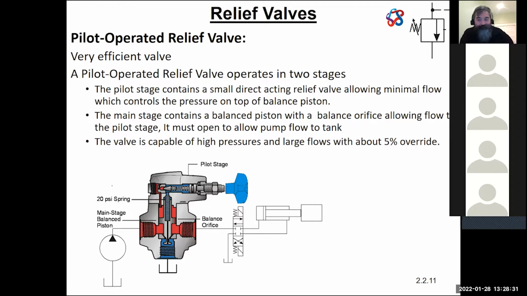Sorry, I'll start again. Pilot operated pressure relief valve. Now, when we have a pilot operated valve, that pilot part is usually just another valve. In this case it's a direct acting valve, and most of our pilots are effectively a direct acting relief valve. This is going to deal with the majority of the pressure.